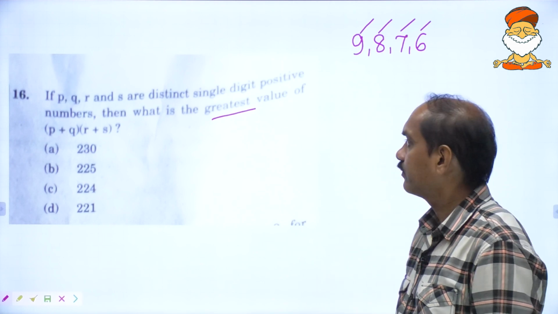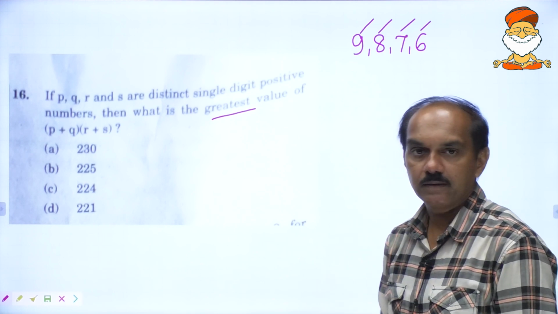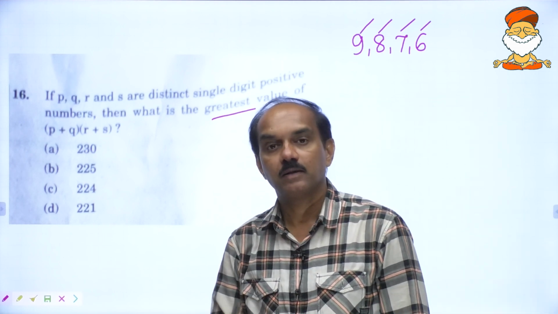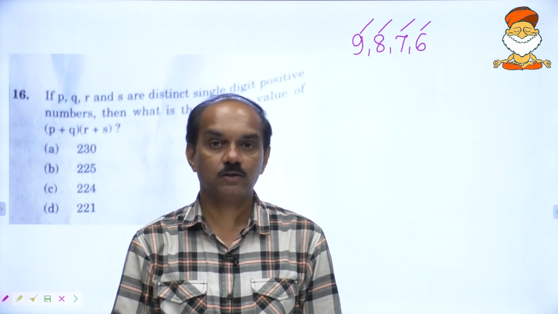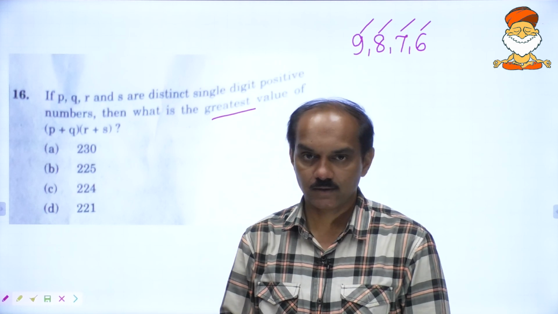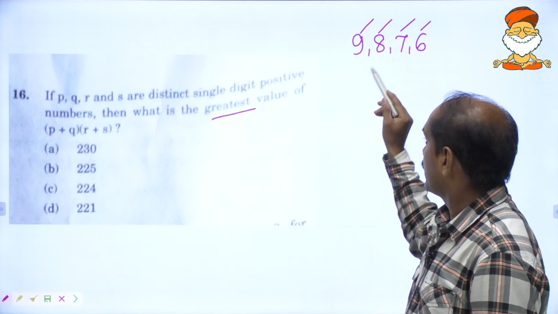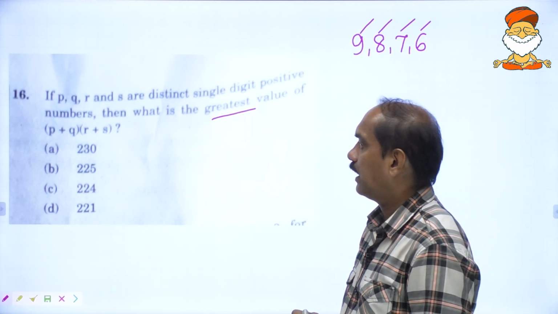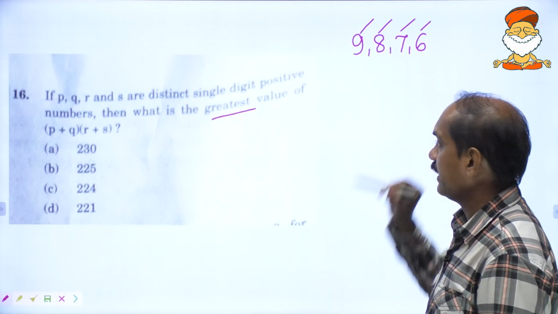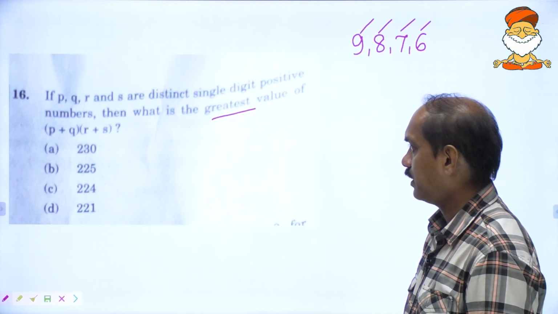Okay. Digits meaning below 10. From 10 onwards you can use the word numbers, not digits. So the digits are 1 to 9 and the higher part is 9, 8, 7, 6.